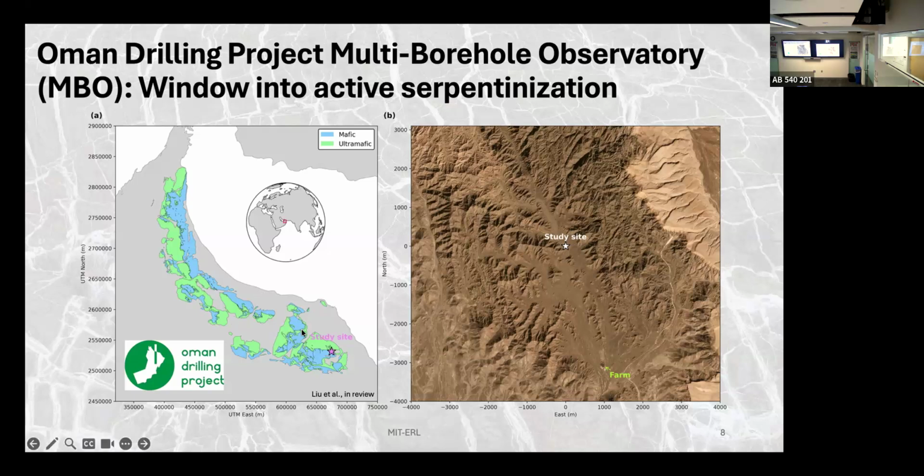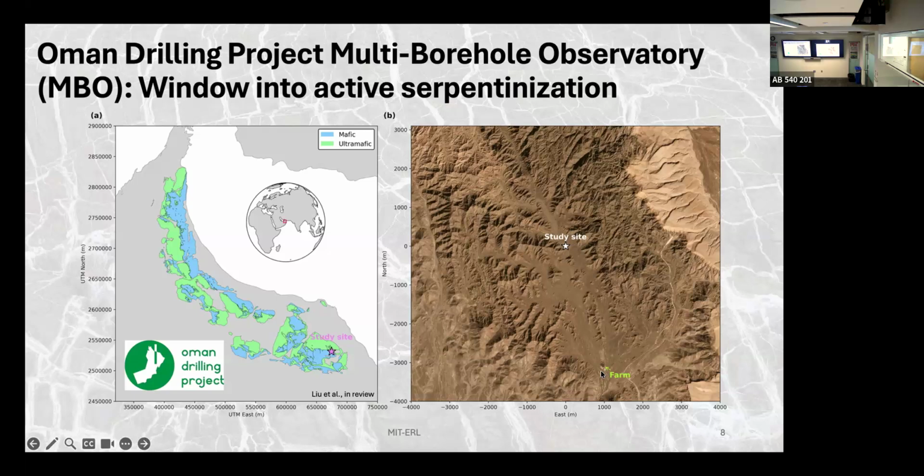So here is showing the mafic and ultramafic formations of the ophiolite, and this is showing our study site and the high resolution satellite image around it. And I'm emphasizing this because, as you can see, we are located in a pretty remote area with minimum human activities.